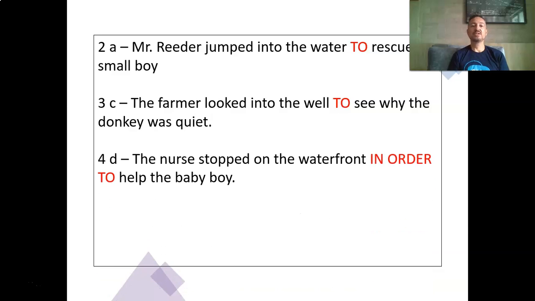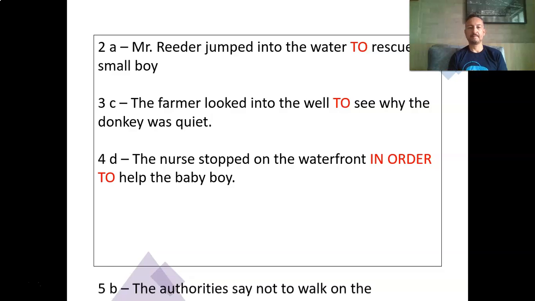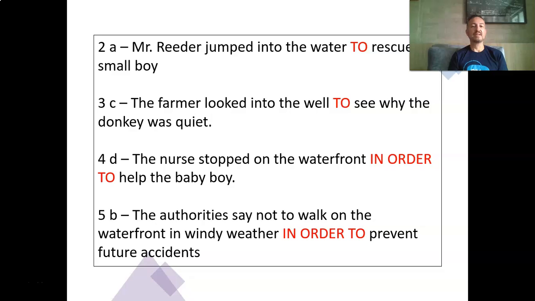The nurse stopped on the waterfront in order to help the baby boy. So this is another way to use to, but in a more formal way. The authorities say not to walk on the waterfront in windy weather in order to prevent future accidents.